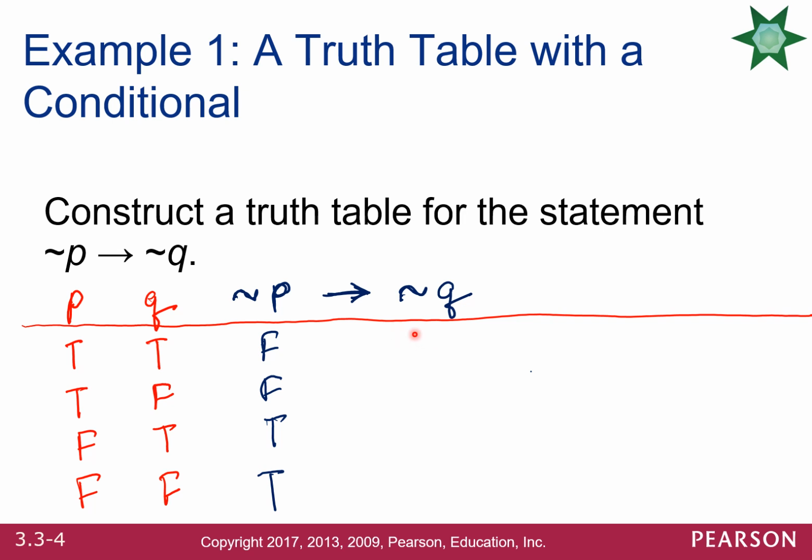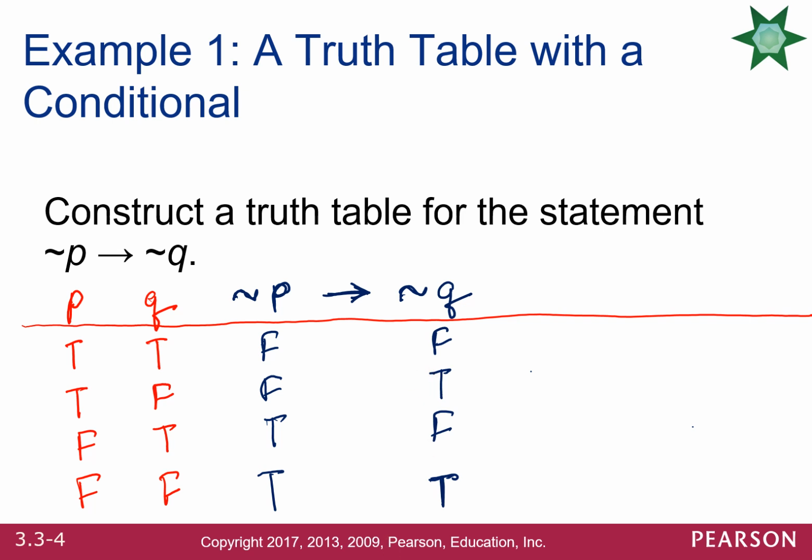We have a true to start with for the Q, so that will become a false. Let's write false, and then we have a false which will become a true. Then we have a T which will become an F, and the F will become a T. Then we start the evaluation of the conditional. So F and F, if both are false, then it is a true.